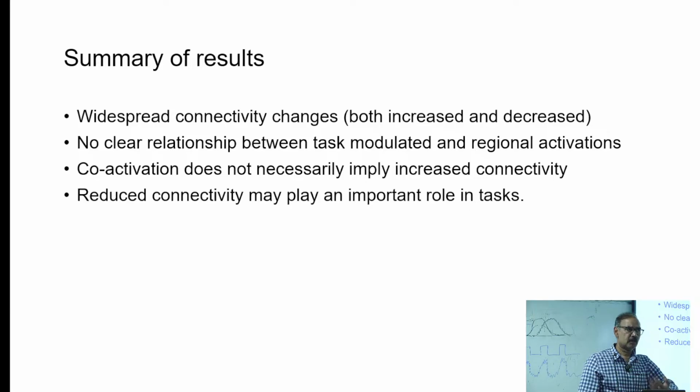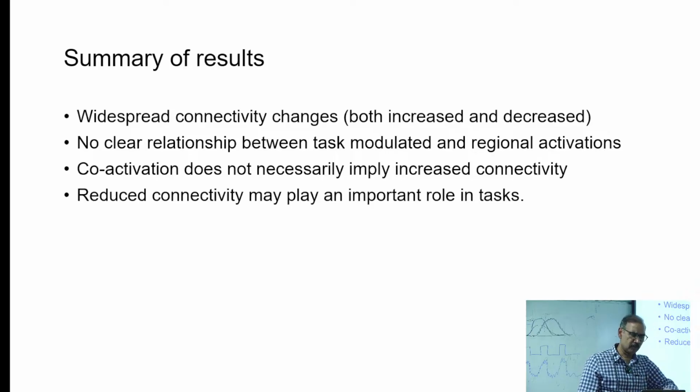One drawback of the study is that we need a lot of data, right? For us to get these results, we had to use like 100 subjects from the Human Connectome, which is very high quality data.